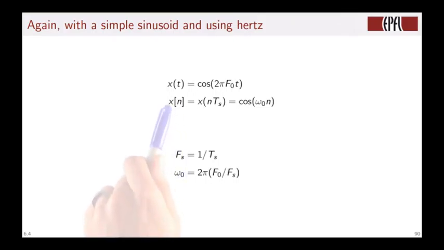The samples x[n] are simply x at multiples of ts, so that's cos of omega 0 n. Omega 0 is 2 pi f0 over fs, where fs is simply 1 over the sampling period. Okay, we often go back and forth between frequencies and sampling periods and hertz and radians, so you have to be used to jumping back and forth with these notions.